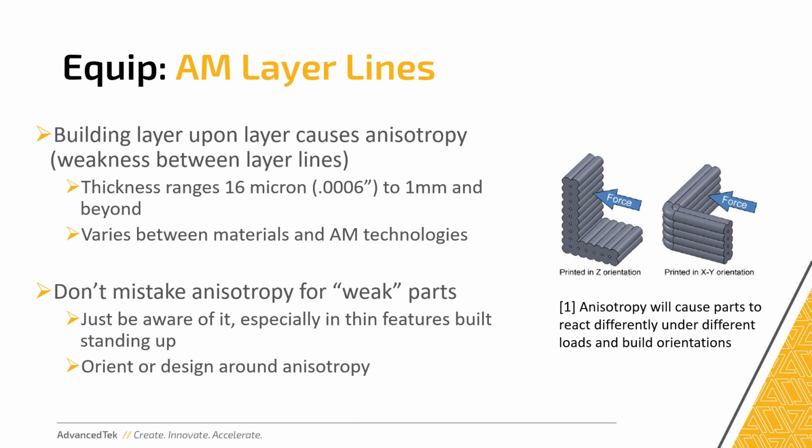It's going to be there in all AM technologies, especially in weak, thin features built in the Z direction. In most cases, people will orient or design around it, and it's getting better and better today where there are more materials and processes that help eliminate these concerns. But don't mistake it for weak, because there are 3D printed parts in airplanes and even on rockets that have gone into space.